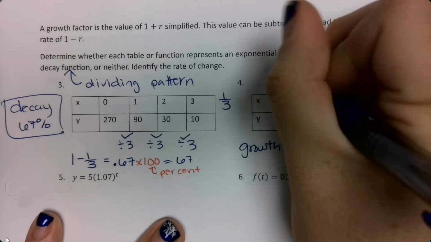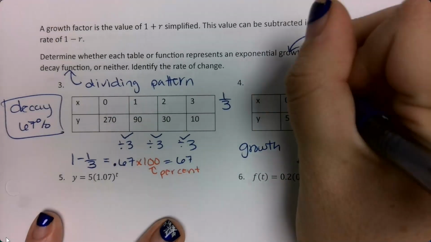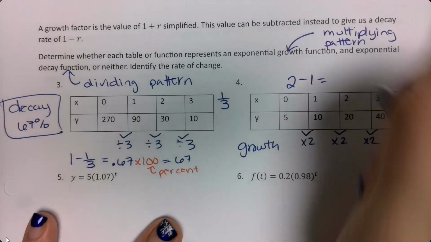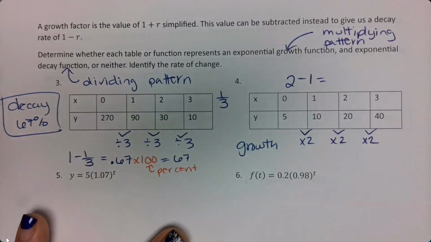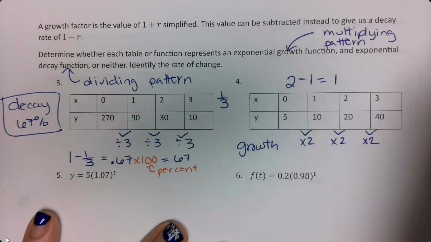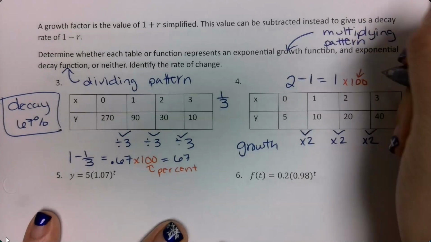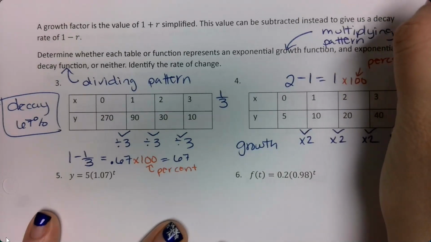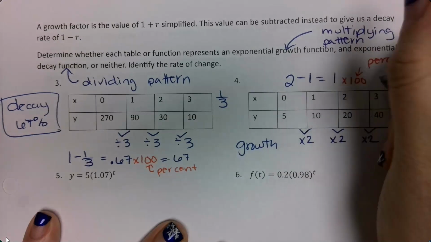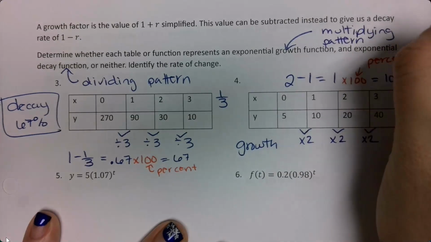So then what I want to do is I'm going to take my number and subtract 1 from it to get my percent. So 2 minus 1 is 1. And then I want to multiply by 100 for my percent. Which gets us 100.